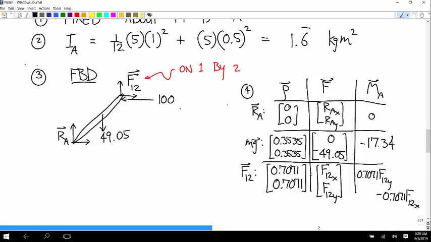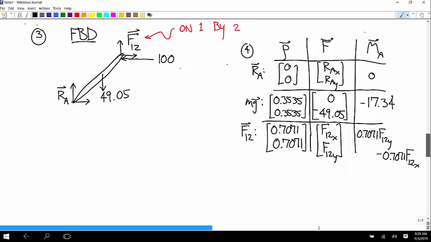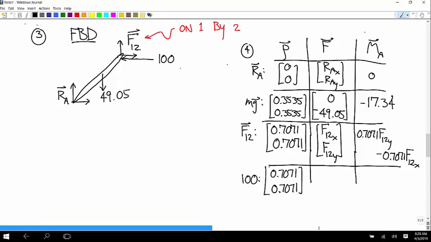That's not a vector, I was just running out of room. And then there's one more force, the 100 Newton force. It has the same rho vector as F12. The force vector is negative 100, 0. And so the cross product is positive 70.71.